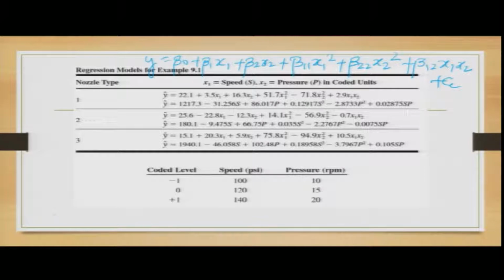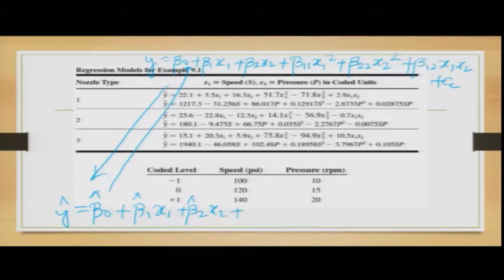When you fit it, y hat is beta naught hat plus beta 1 hat x 1 plus beta 2 hat into x 2 plus further hat terms. This hat means they are the predicted values.